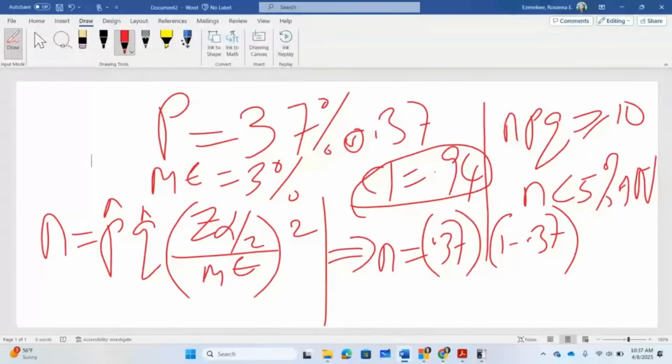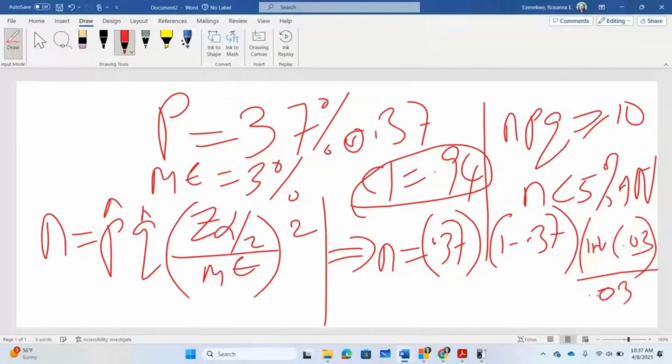So inverse norm 0.03. So here I'll find inverse norm 0.03. That's the critical value.